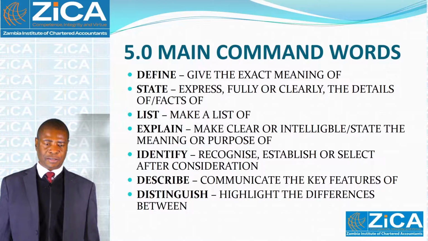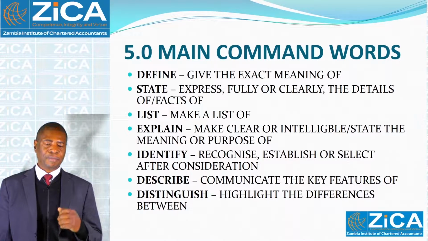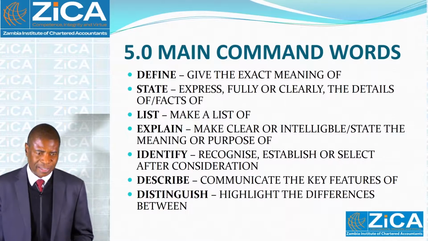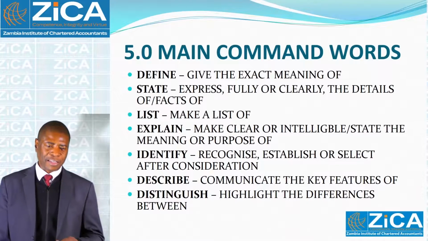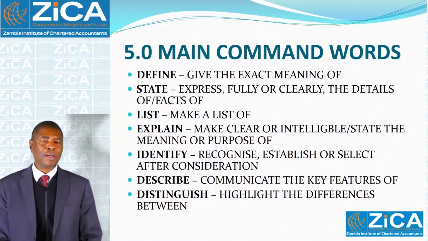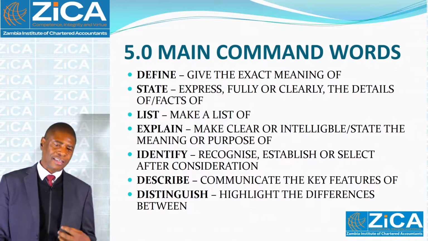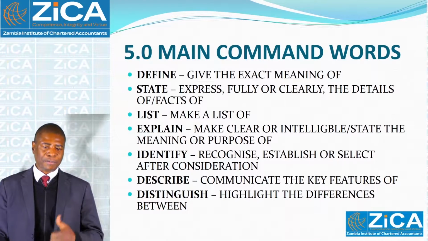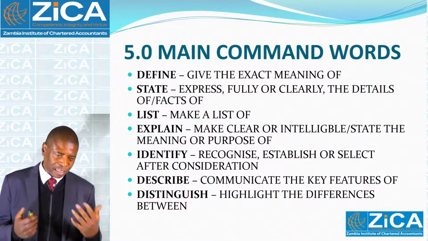Main command words. This is very important. If you fail to interpret the command words properly, then you'll be answering your own questions and not a question asked by the examiner. What we'll notice here, like I said, the main learning outcomes come out with explain.